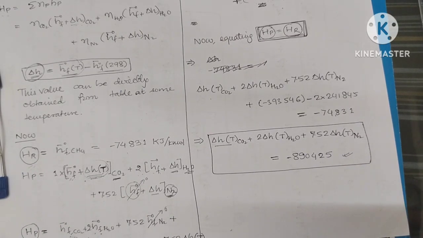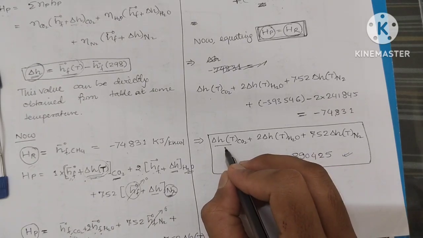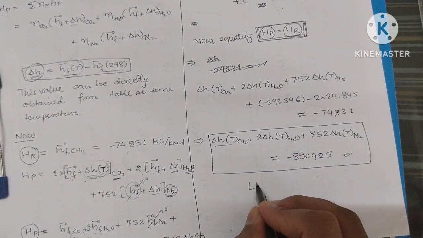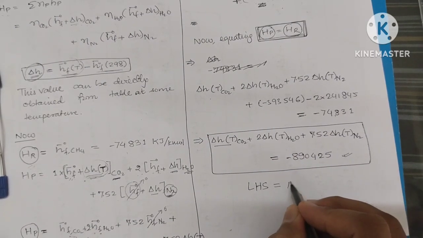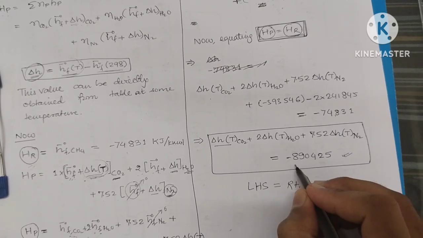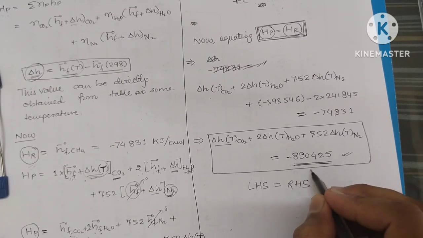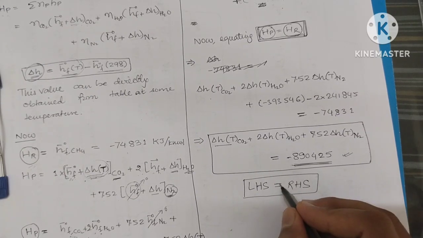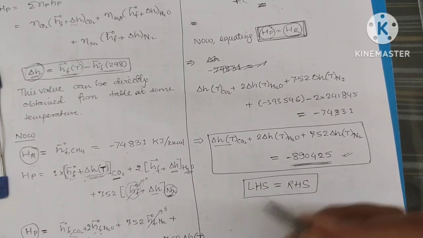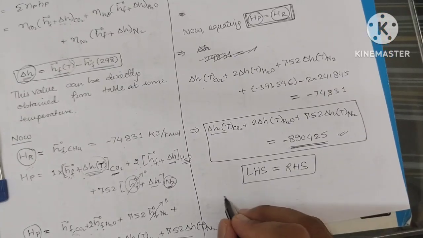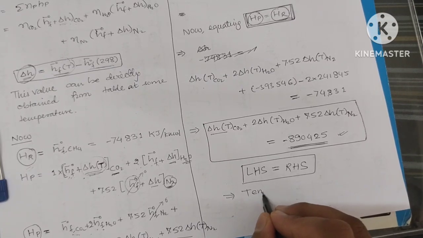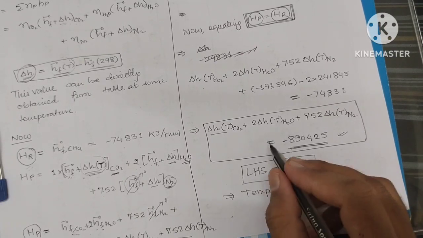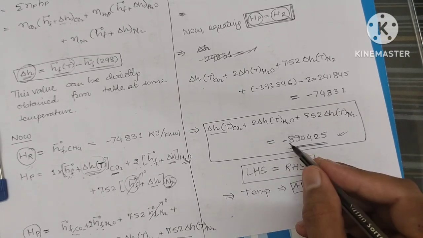What we need to find is at which temperature the LHS becomes equal to the RHS. When the LHS becomes equal to the RHS at some particular temperature, that temperature will be called the adiabatic flame temperature. We need to find that by simply iterating.